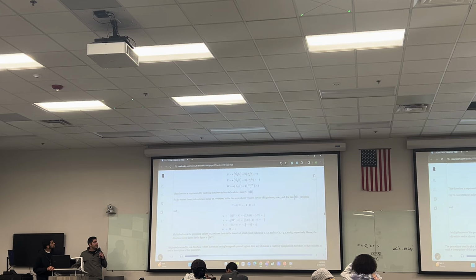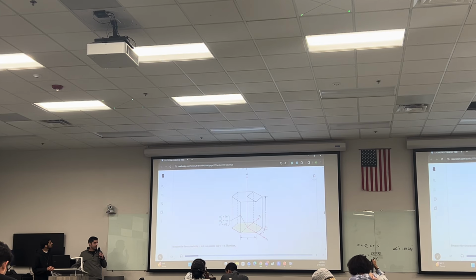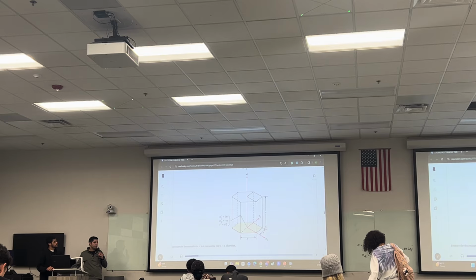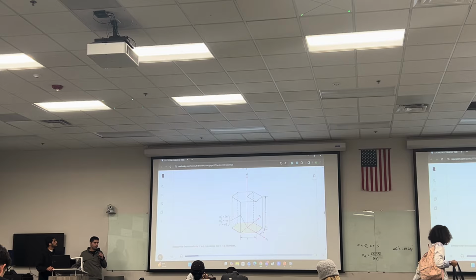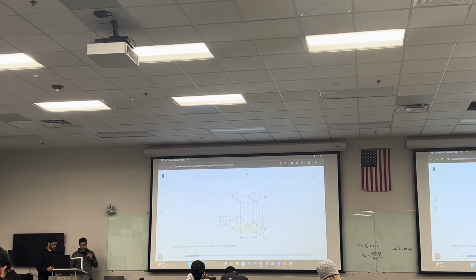In general, that's how we get coordinates for a direction. That's how we show a direction in a hexagonal structure. And it's the same with your assignments. Repeat this process.